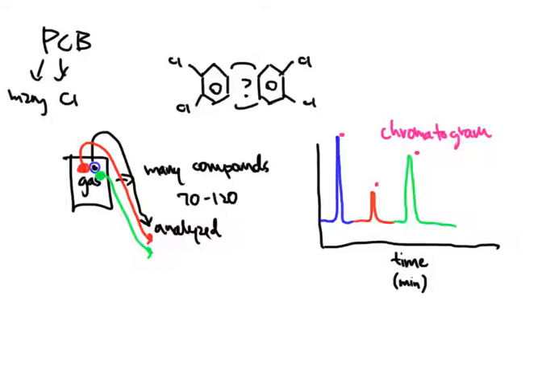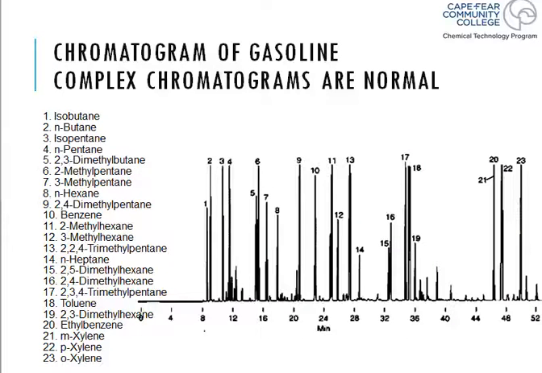Now, the axis here on the y-axis, what unit is that? This can be different. So what we'll do here is we'll just put signal. And sometimes we represent signal with an A, just to give it a variable. If you take a look at the chromatogram that's in the slide, you'll see that there's no y-axis there.